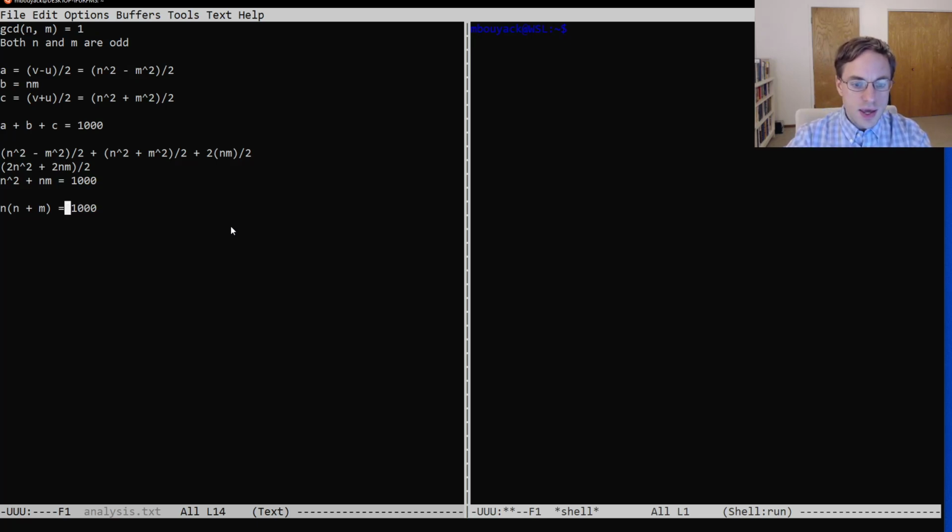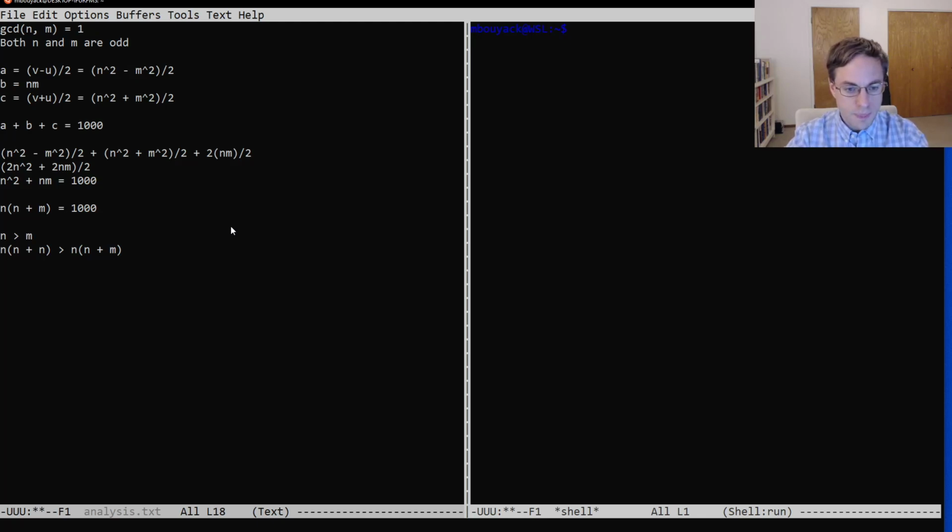And so in general, our approach from here is just going to be to look at the factor pairs of 1,000 and see which correspond to solutions. And there aren't that many factor pairs. We could try each of them by hand, but we can do a little bit better than that, actually. So the first observation that we're going to make is that n is greater than m, and therefore n times n plus n is greater than n times n plus m.